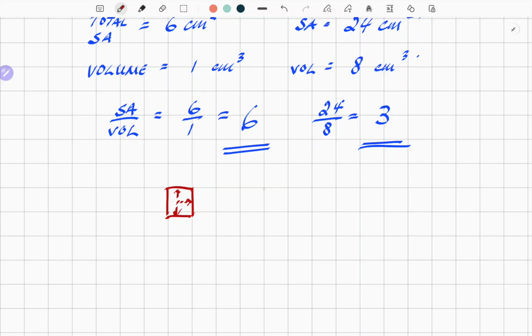If I now take a shape that's much bigger, like that, and I'm at the center, look at how much further I need to go to get to the surface. There is a lot more stuff in there that doesn't have access to the surface.